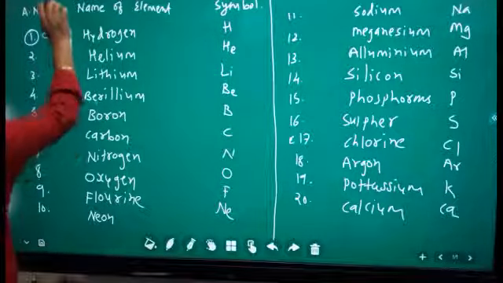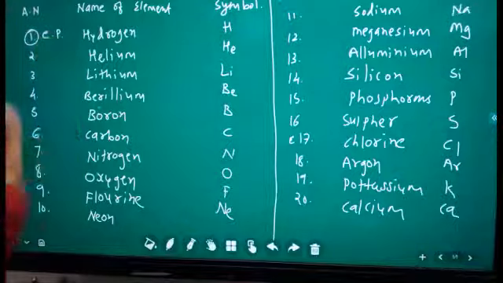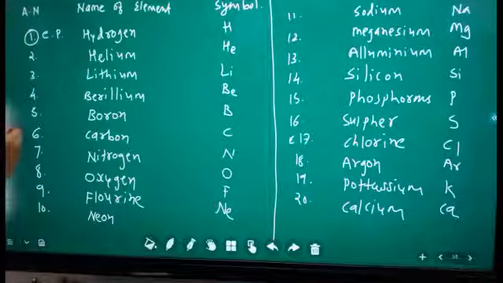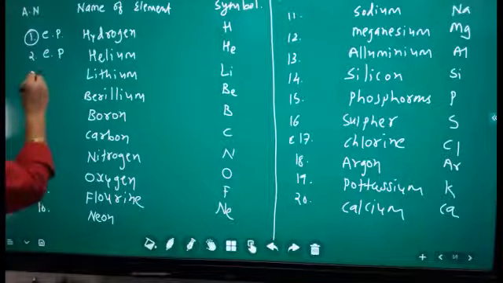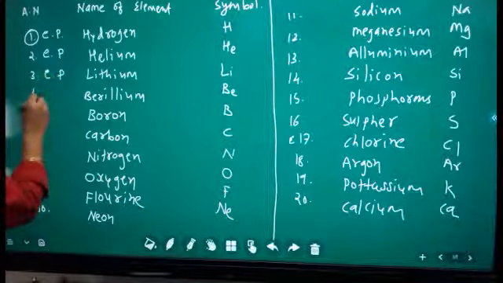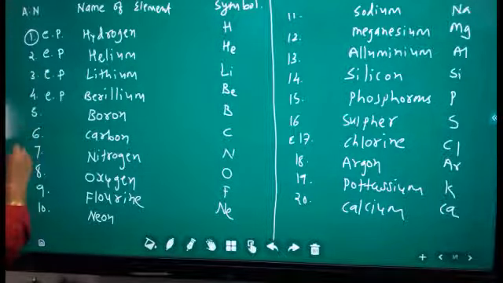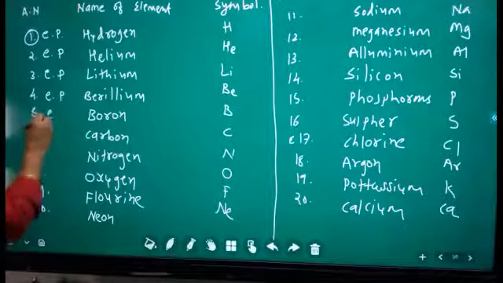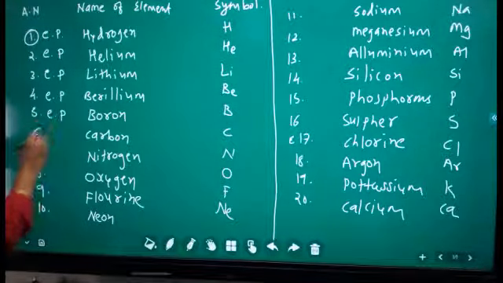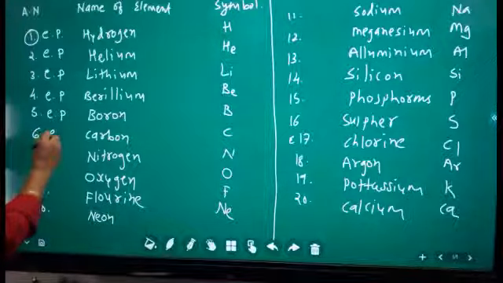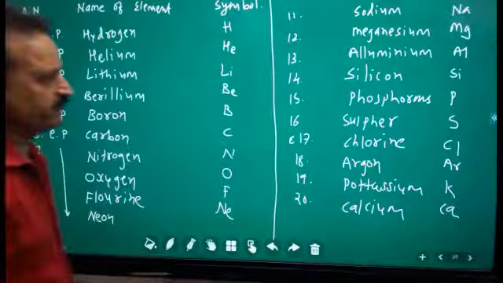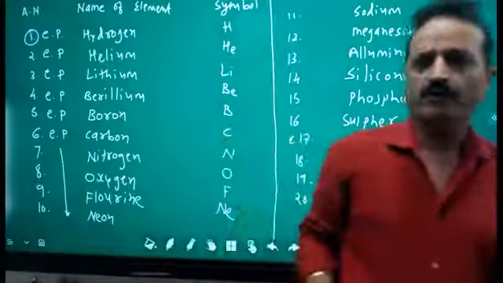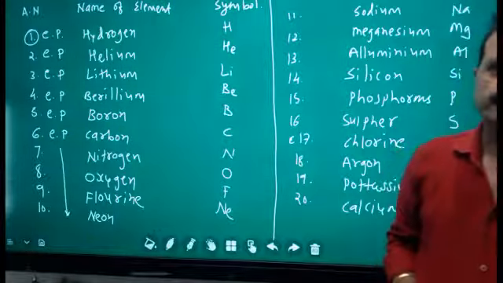Hydrogen has how many protons? 1 proton. In the same way, helium has 2 electrons, 2 protons, lithium 3 electrons, 3 protons, beryllium 4 electrons, 4 protons, boron 5 electrons, 5 protons, carbon 6 electrons, 6 protons, like that. No need to write the other numbers of electrons and protons present in the elements.